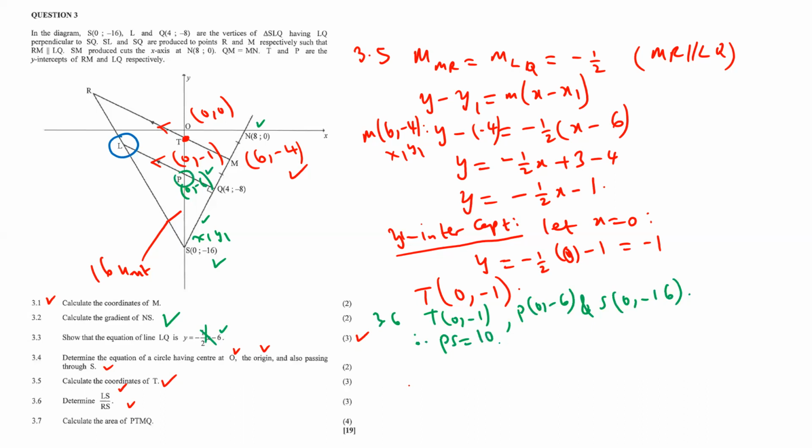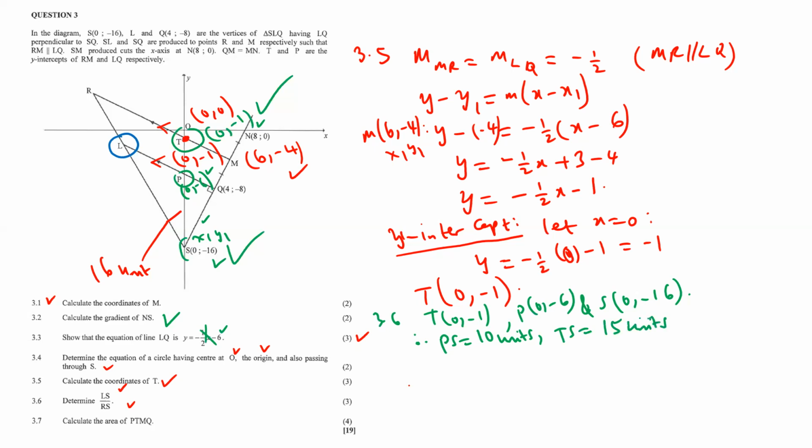PS is actually 10 units. Now TS: here is T and here is S. The coordinates of T are 0, minus 1. So you can see that the distance there is actually 15 units, from minus 1 to minus 16. The distance is 15 units.